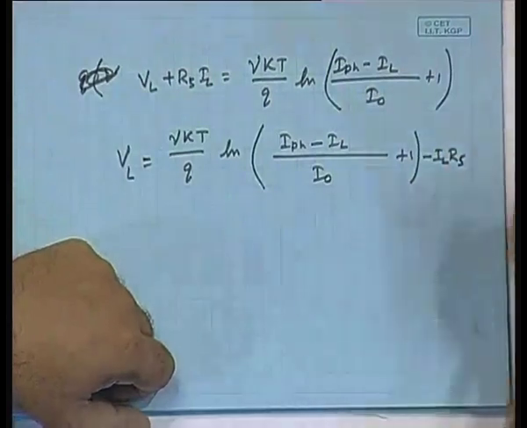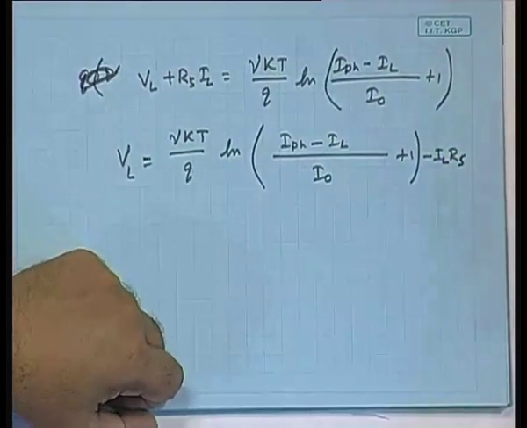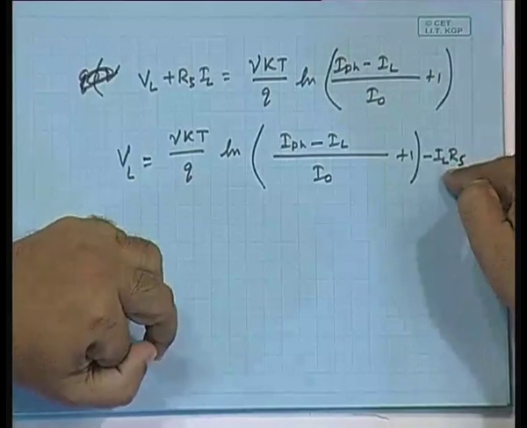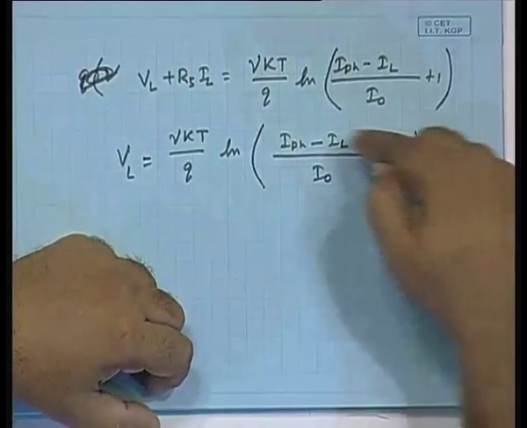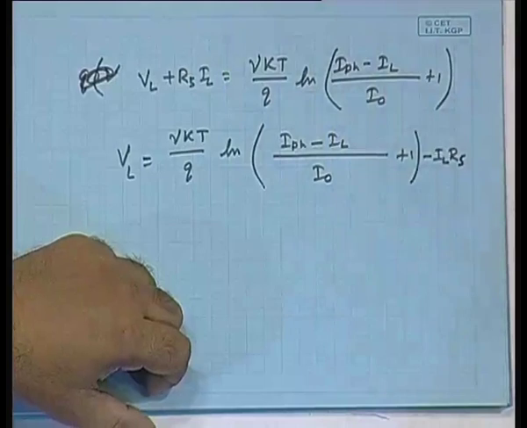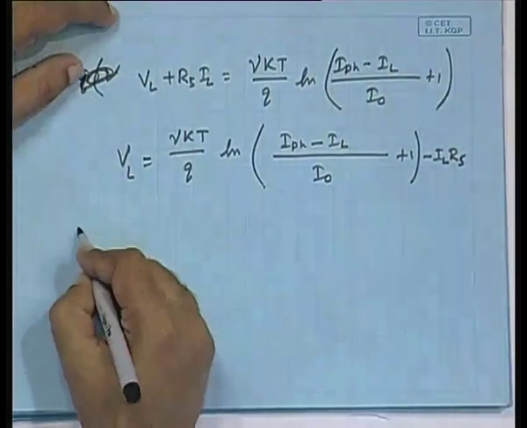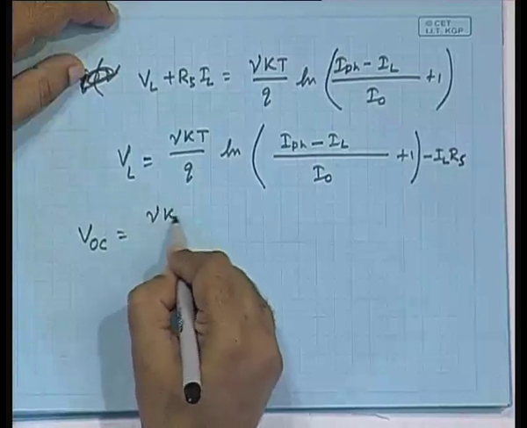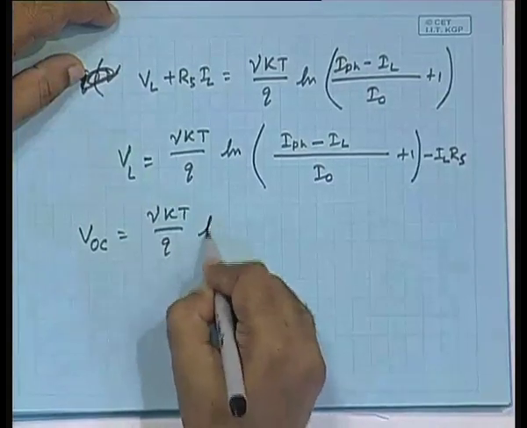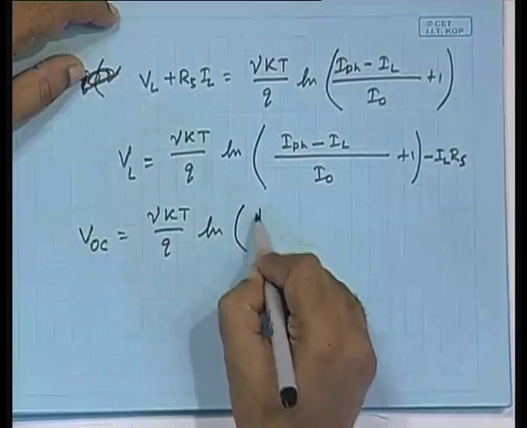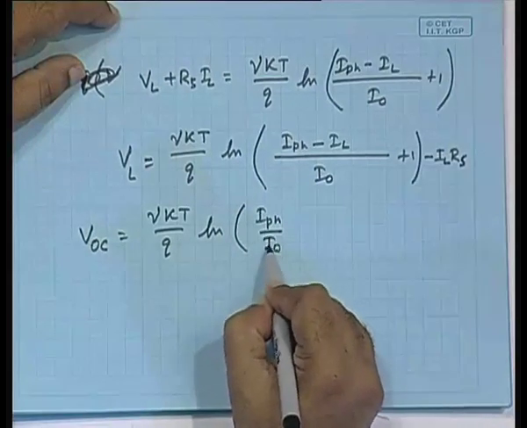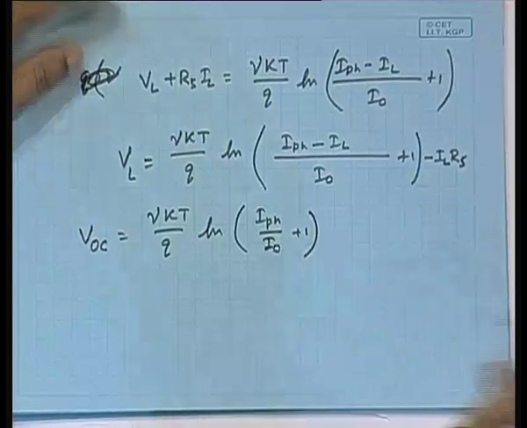Now, you notice that if we keep it open circuited, I L is 0. Then you have an expression for V OC, the open circuit voltage, as gamma k T by Q ln of I P H by I naught plus 1.